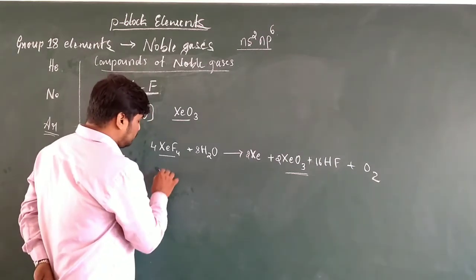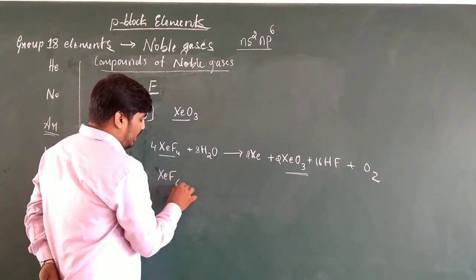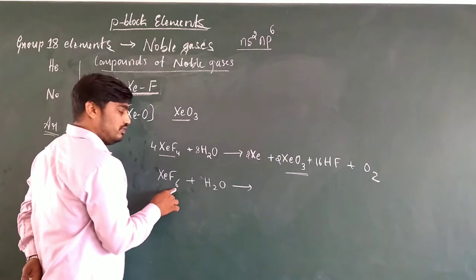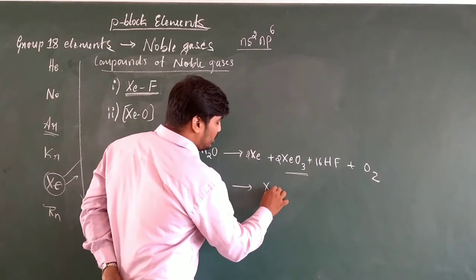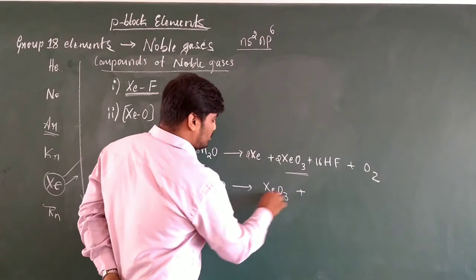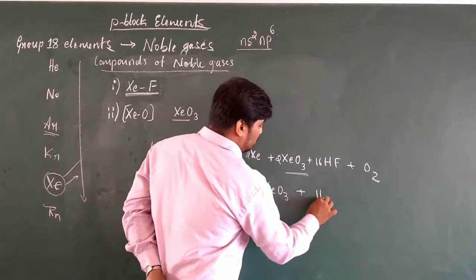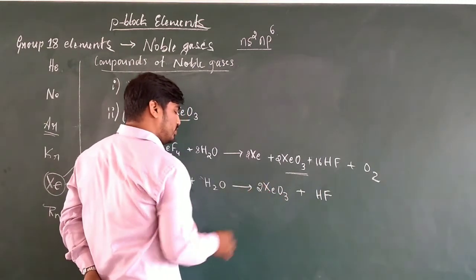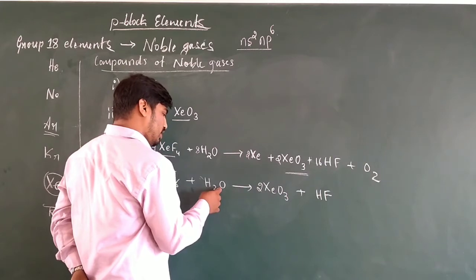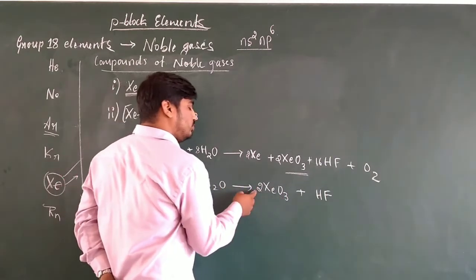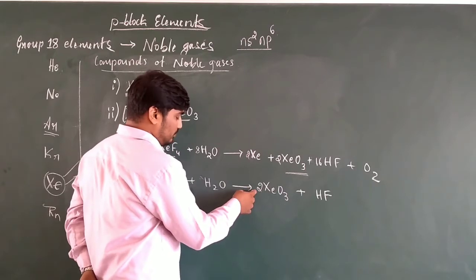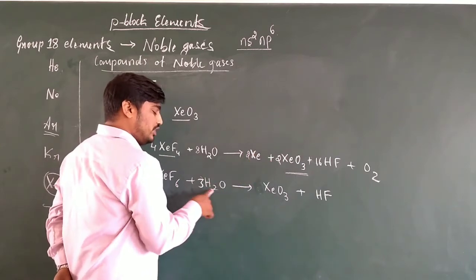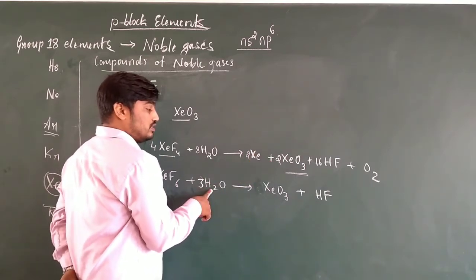Next, xenon hexafluoride. Hydrolysis of xenon hexafluoride. When xenon hexafluoride is hydrolyzed, it gives xenon trioxide plus hydrogen fluoride. Here only 3 oxygen, therefore I multiply the water by 3. 3 into 2, how many hydrogen? 6 hydrogen.